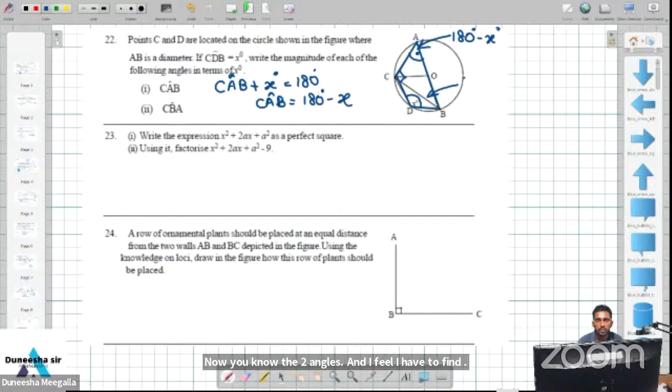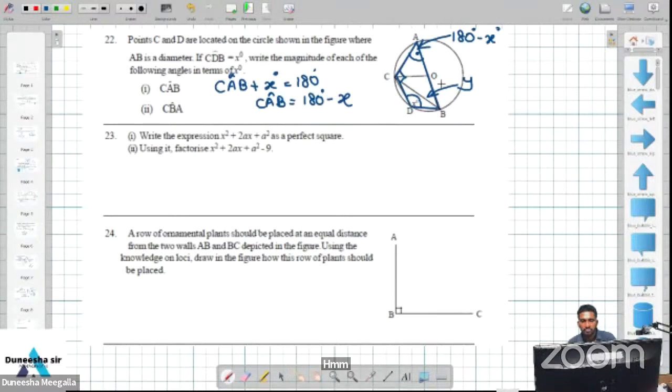CBA ට මොකක්ද දාගන්න y කියලා. Can you find out? After you find the answer for the CBA, send me it.